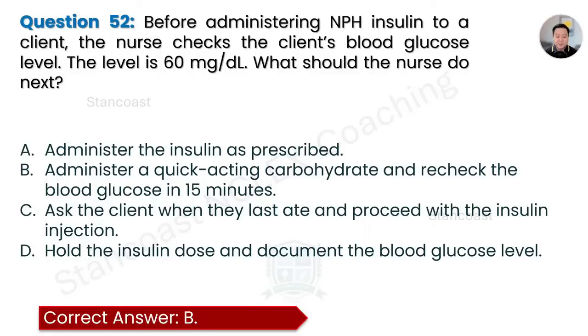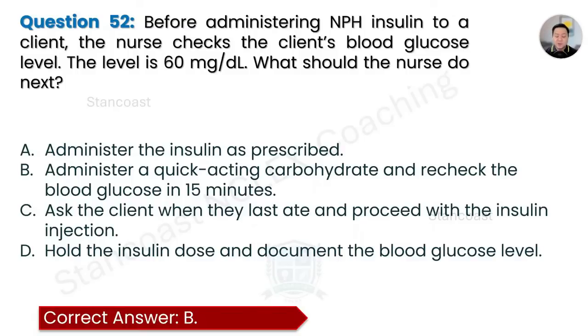Most often when the patient has had a hypoglycemic event, you have to keep an eye on this patient, and if the blood glucose is not coming back to the normal range, you have to make sure that the healthcare provider is notified. And most of the time, the insulin dosing will be adjusted to ensure that the patient will not have another hypoglycemic event.